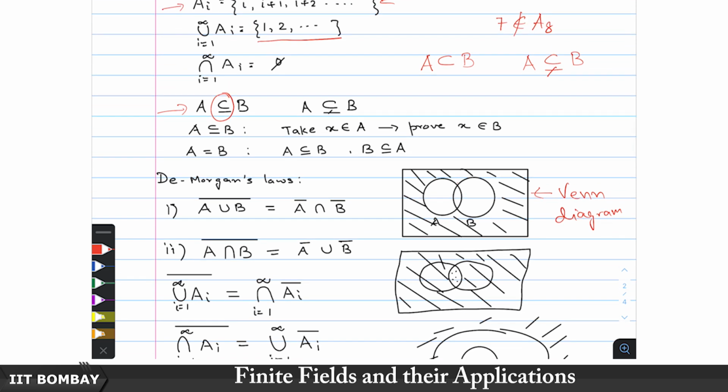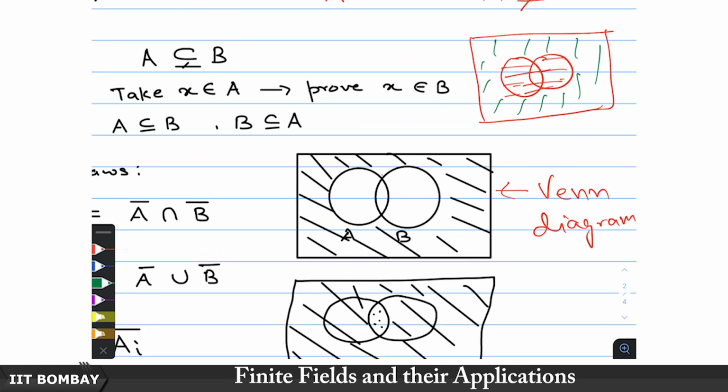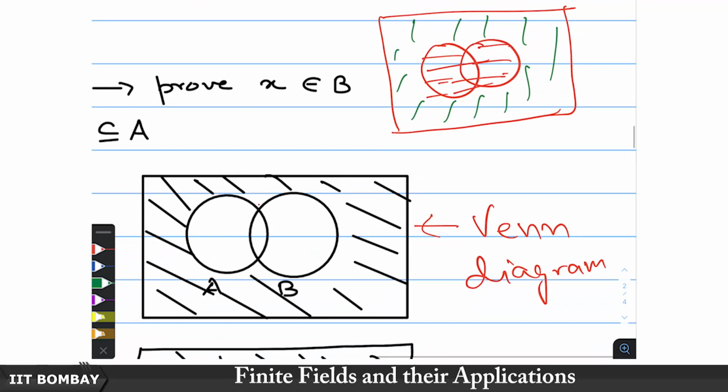Okay. So, what is A union B complement? This is the universal set. A union B is this whole thing, and its complement is this outside, right. Now, what is the right hand side? A complement intersection B complement. We can draw it here.